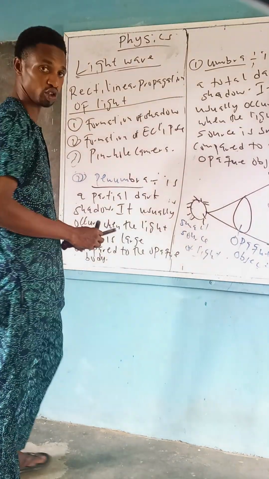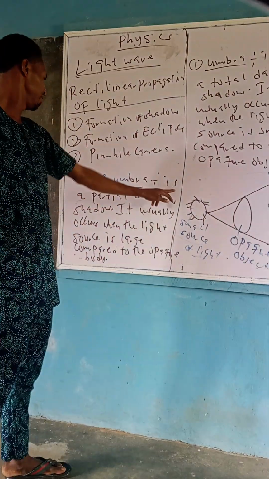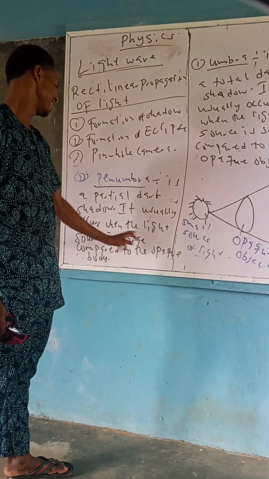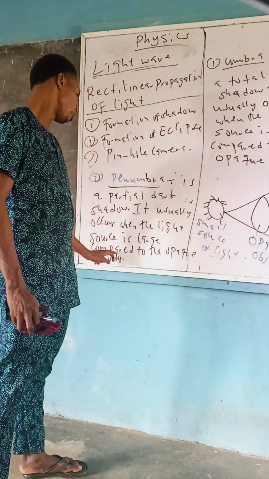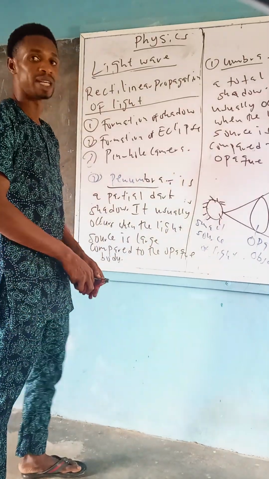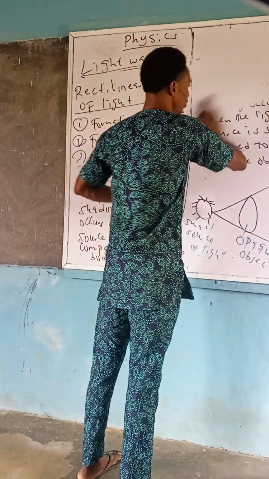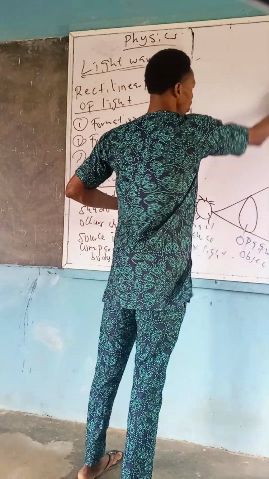So let's take a look. What is penumbra? It is a partial dark shadow. It usually occurs when the light source is large compared to the opaque body.